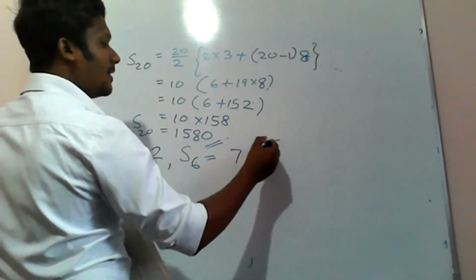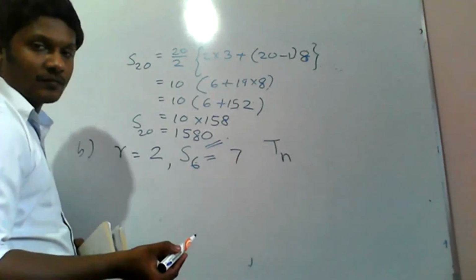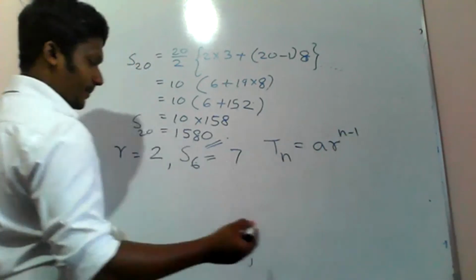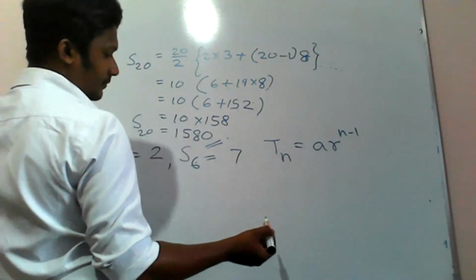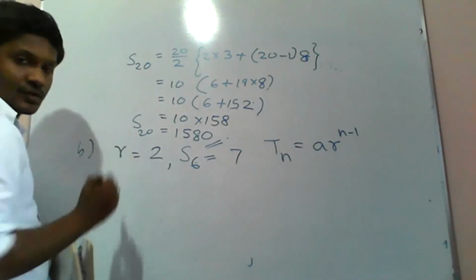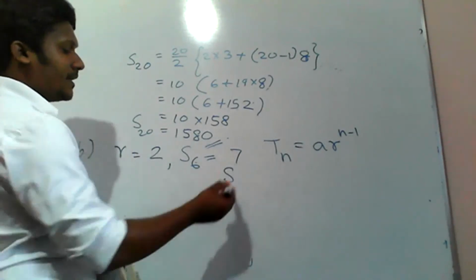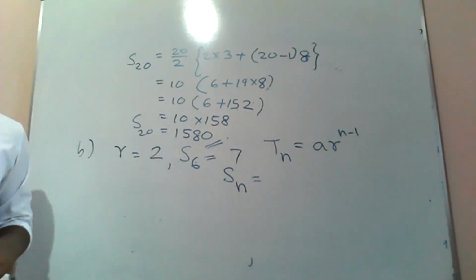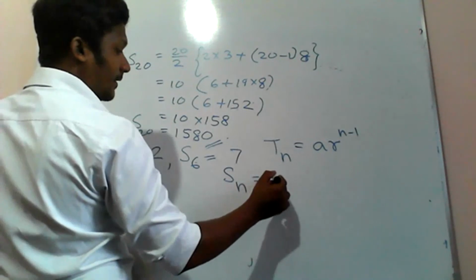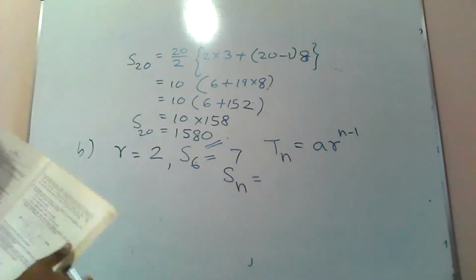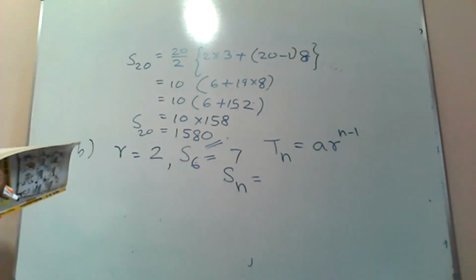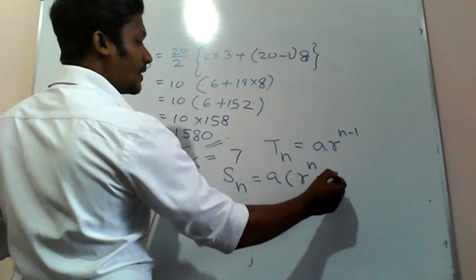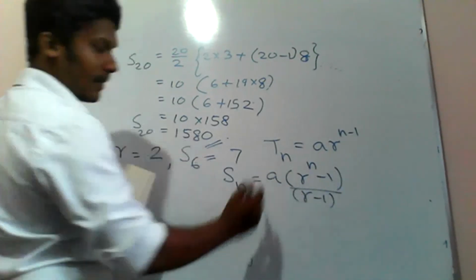The first term is a. We know the general term of the geometric progression is Tn equals a r to the power n minus 1. The common ratio is 2, and r is greater than 1, so we write the sum of the first n terms as a (r to the power n minus 1) divided by (r minus 1).